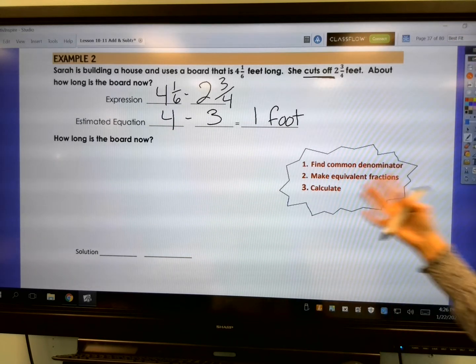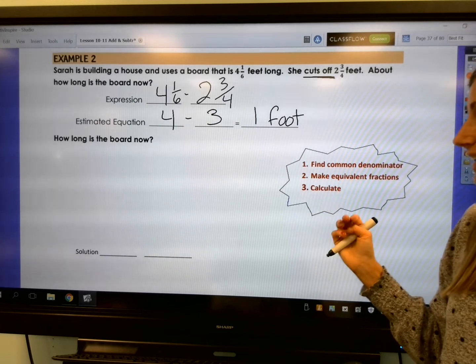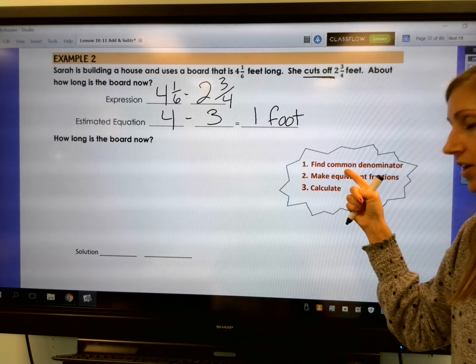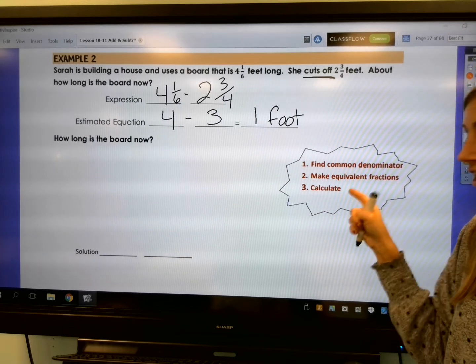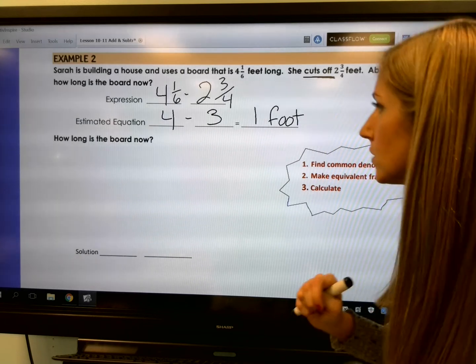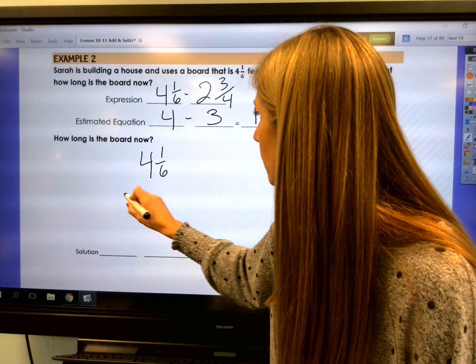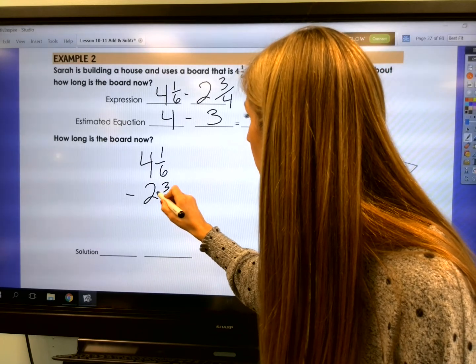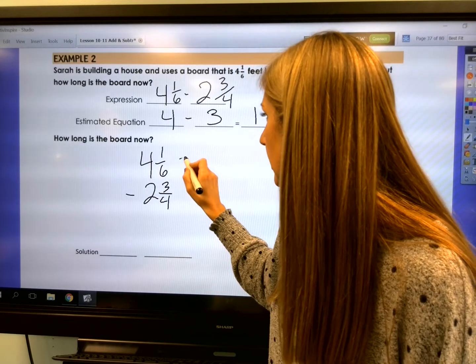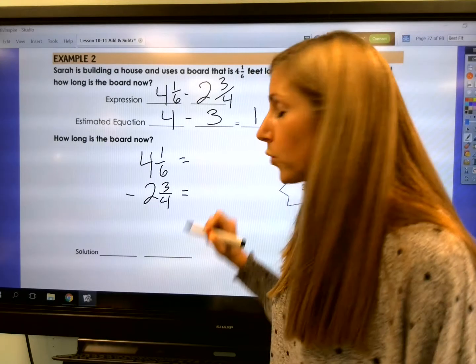And now we're going to jump into actually calculating it using finding our common denominators, making equivalent fractions, and then calculating. So we have our original problem of 4 1/6, and we are taking away 2 3/4. Let's show us getting those equivalent fractions.